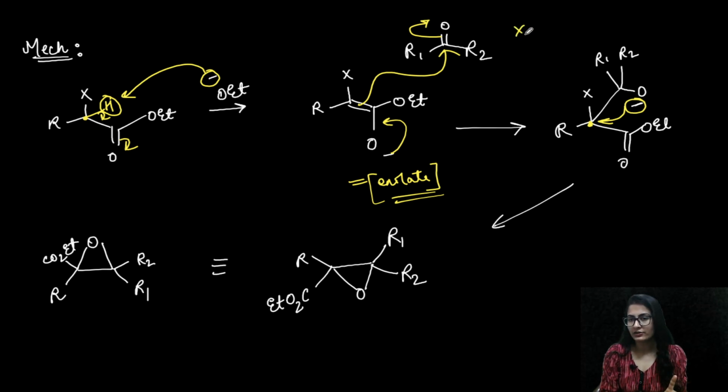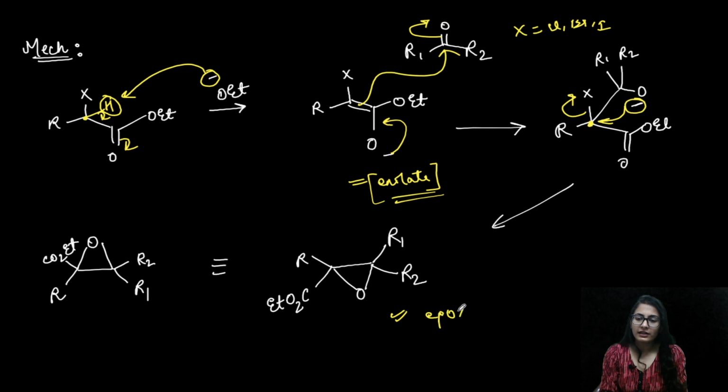All the halogens are good leaving groups, Cl, Br and iodine, all of these are good leaving groups. So it is not going to take up a proton from the medium and become the beta hydroxy ester, something like that. The negative density on the oxygen is again going to attack on this carbon which has a good leaving group, right? So this is our major reaction, and yes, finally you get your epoxy ester.